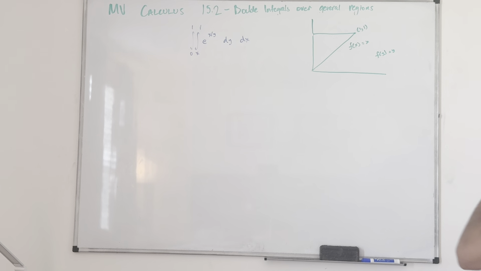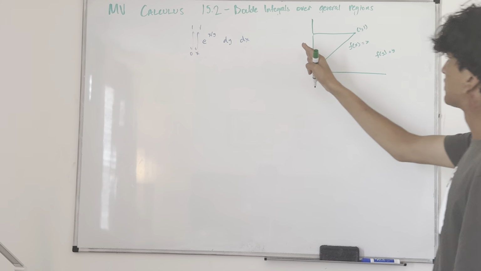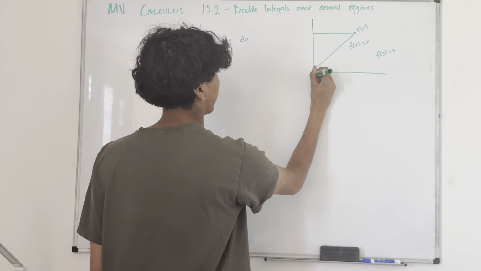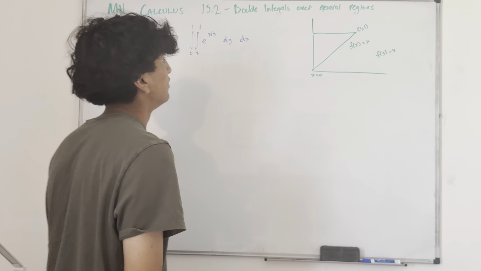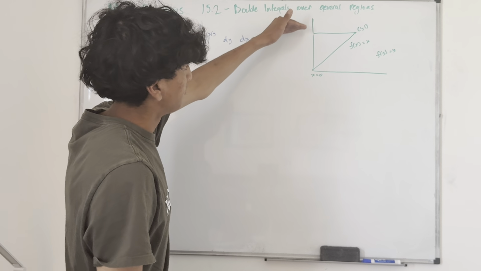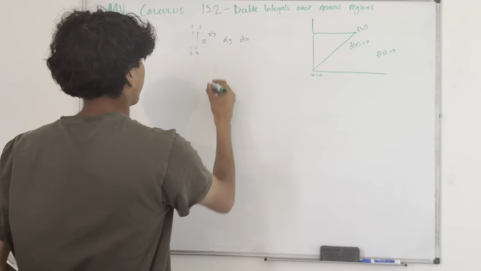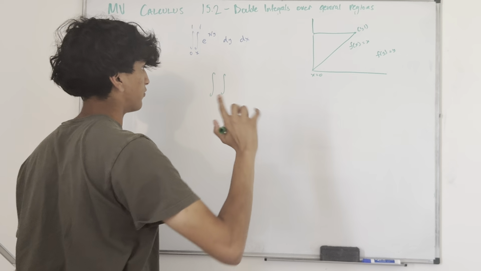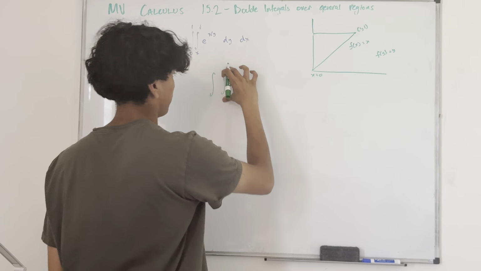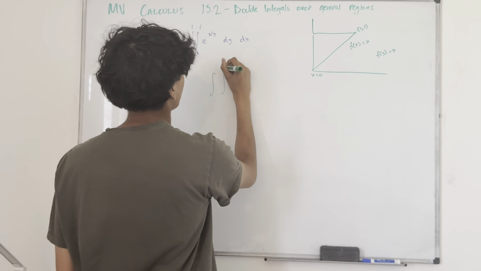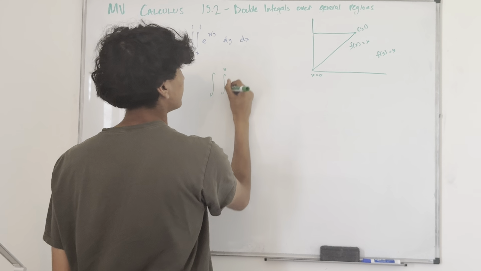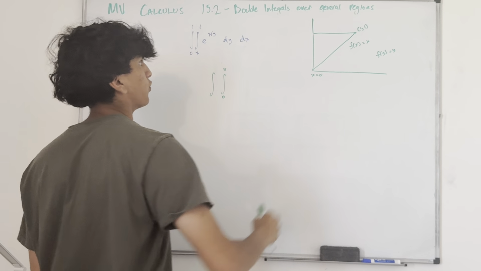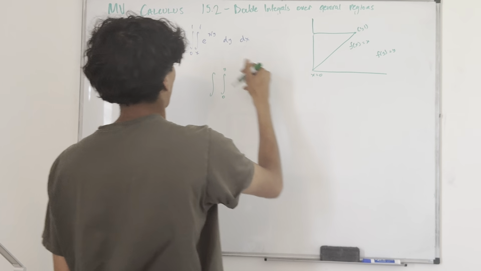So this will be my right bound, and then my left bound will be x equals 0. From top to bottom, it's pretty simple, just 1 to 0. So my inner bounds are going to be f of y equals y to 0, and then we're going from top to bottom, 1 to 0.